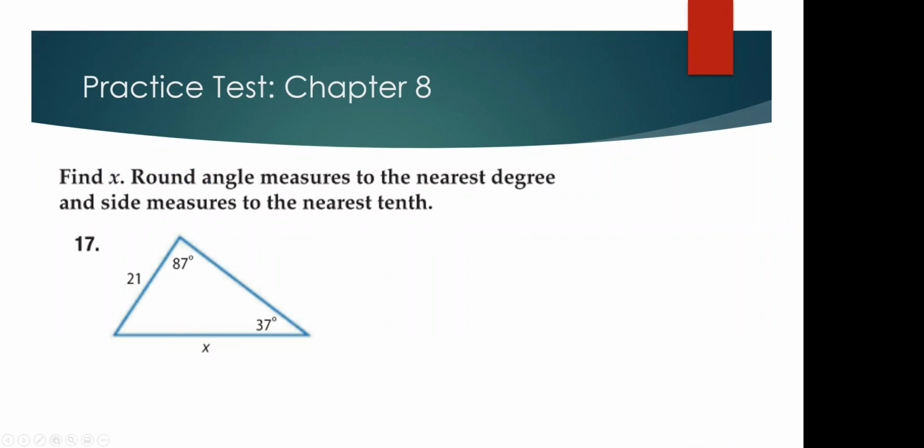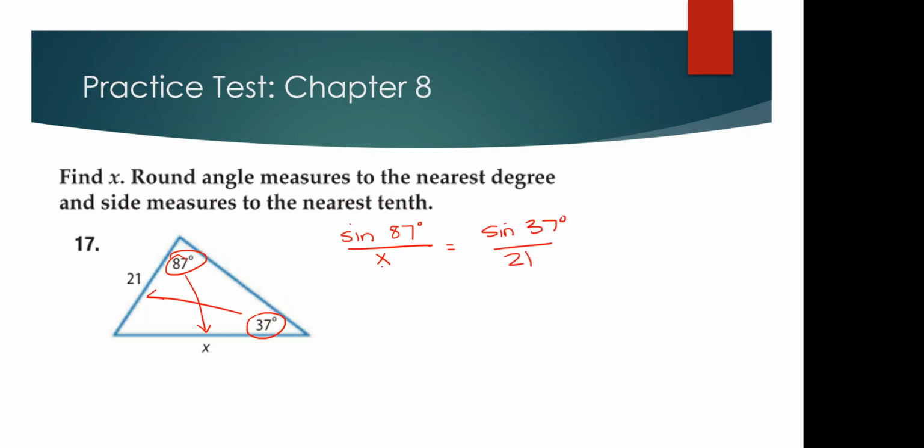So problem number 17, we're given the measures of two of the angles here and a non-included side. So we're going to use the law of sines. We're going to say that the sine of 87 degrees over x, that corresponds to that side, is equal to the sine of 37 degrees over 21.